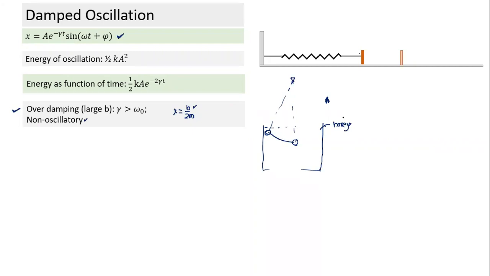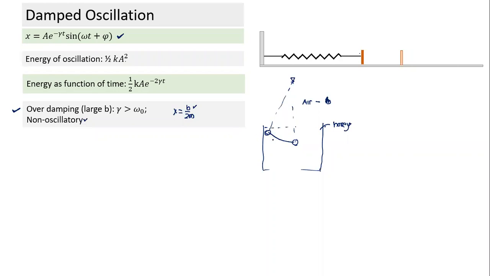Does it make sense? See, air also is a fluid, but in the case of air, B is very small, and hence gamma is very small. Thus, that is called under damped oscillation. Over damped is non-oscillatory. That's an example of over damped oscillation.